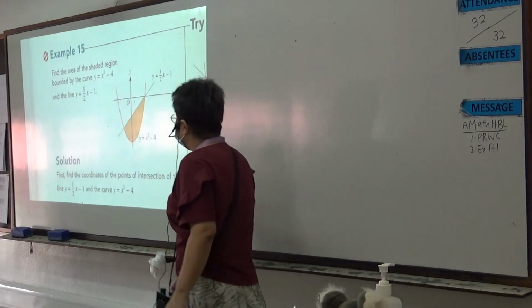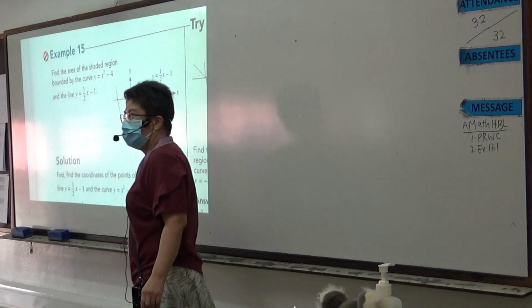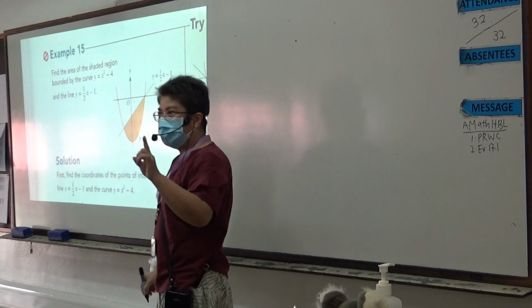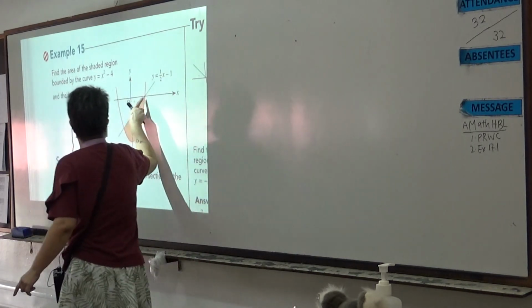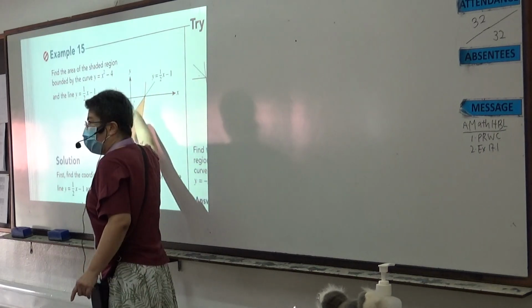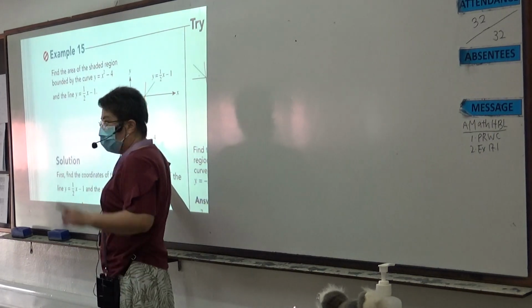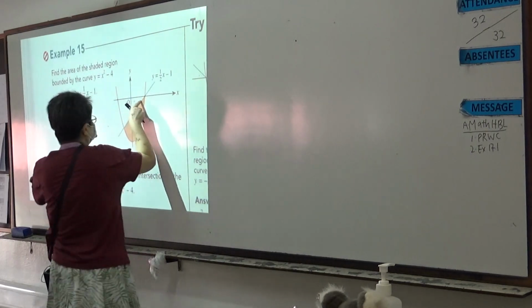Okay, now, everybody see that I must get these two coordinates first, right? Correct? All look up, I'm explaining. You must integrate from this coordinate to this coordinate, right? This curve, but you must negate it, right? Because it's below. Then you must minus this particular.